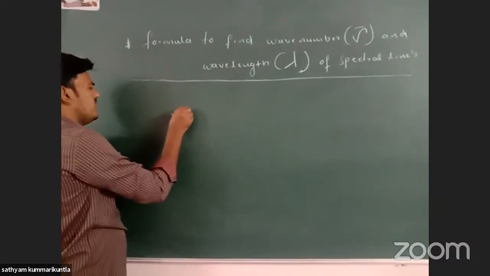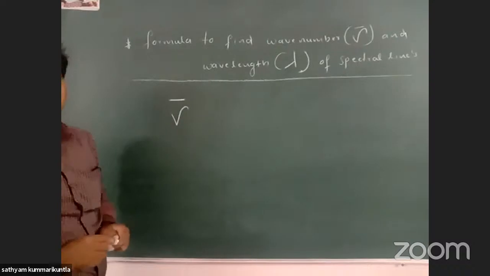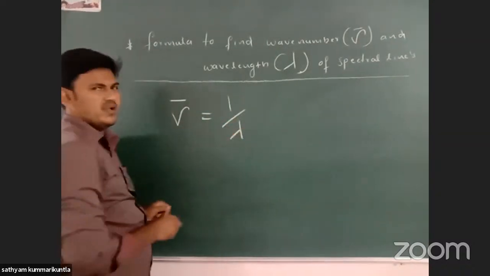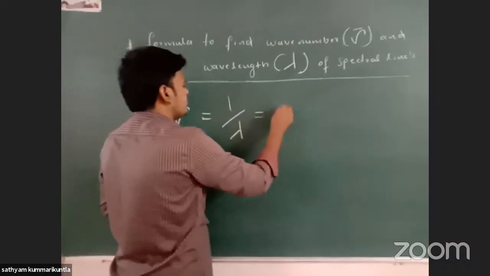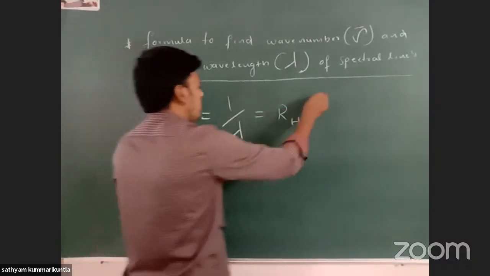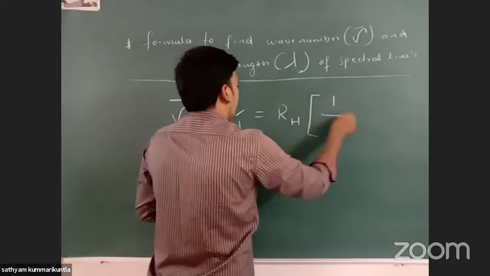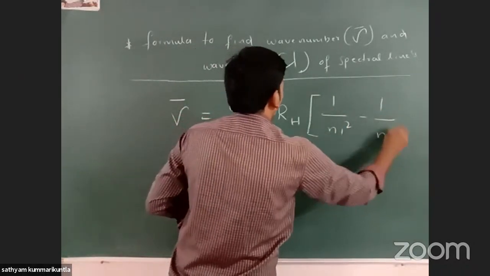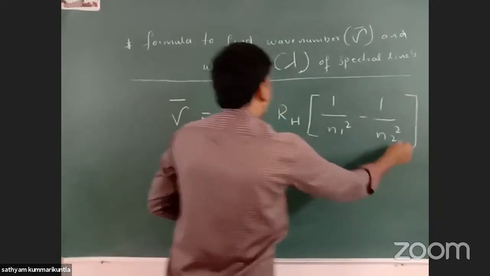Very simple principle. u bar, or wave number, is equal to 1 by lambda, is equal to RH into 1 by n1 square minus 1 by n2 square.